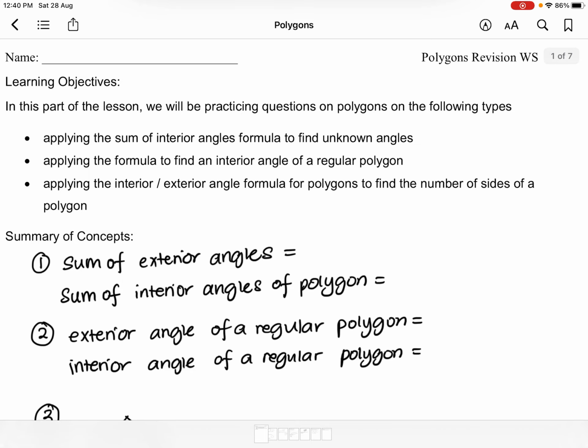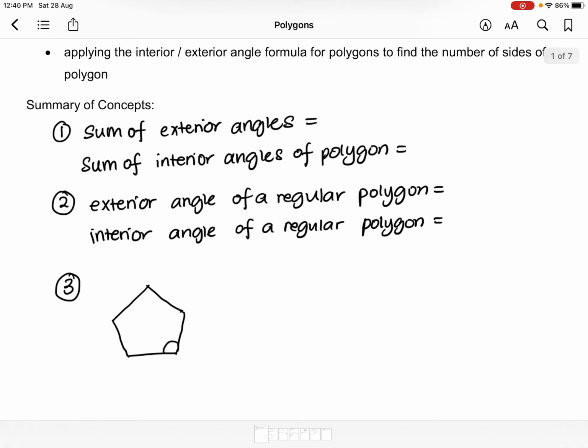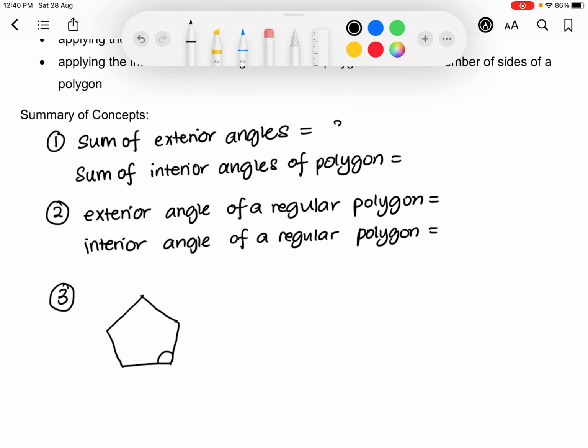Now, before we begin, here are some important concepts and formulas that we probably need to know. Number one, the sum of all the exterior angles of any polygon is 360, by the property of angles at a point. The formula for the sum of interior angles of a polygon is n minus 2 times 180 degrees, where n is the number of sides.